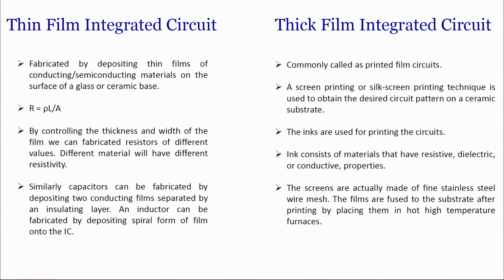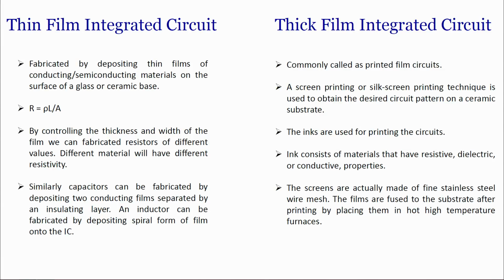Then what is the difference between thin and thick film technology? Using thin film technology, we can deposit conducting and semiconducting materials on the surface of a glass, ceramic base, or an oxidized silicon.